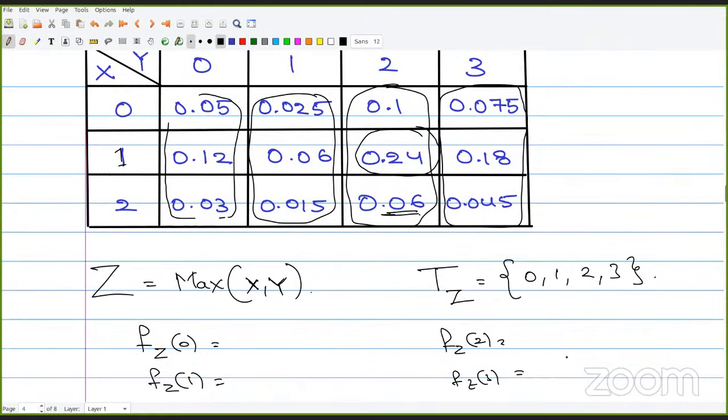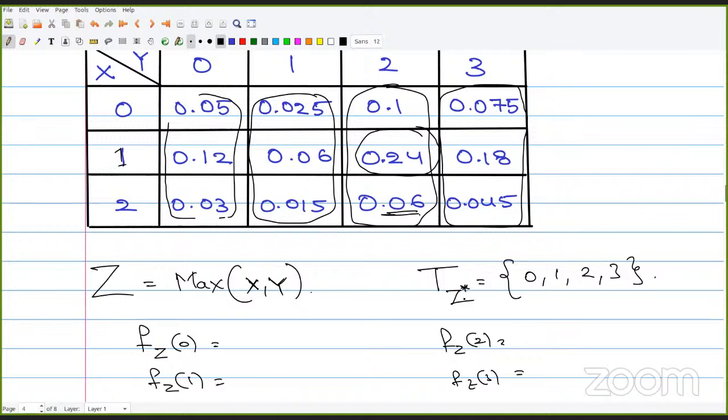Now when can z take value 0? Sir, is it a continuation of the previous table or a new table? Same table I took, but a new random variable, let's mark it with a star.